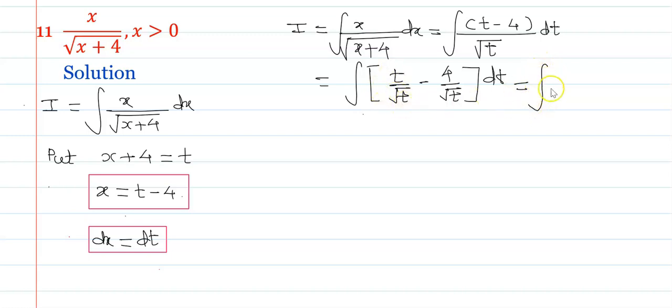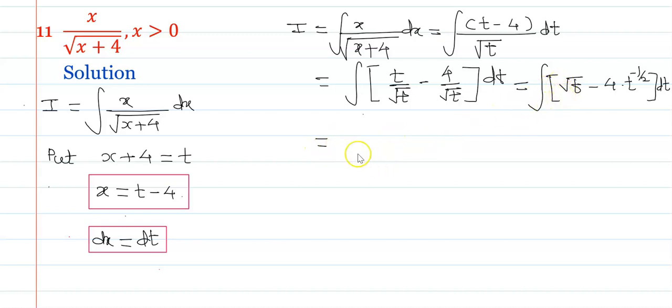Now the separation, we can write it like this: the integral of t upon root t means what? We will get here root t, minus 4 upon root t means what? 4 into t raised to minus 1 upon 2, bracket complete, into dt. Now the integration.